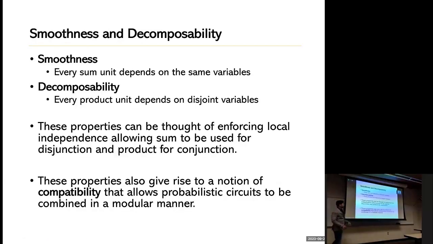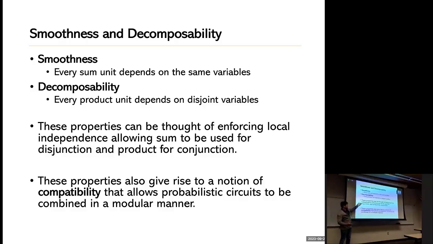So there's two big properties they talk about, smoothness and decomposability. With smoothness, every sum unit depends on the same variables. With decomposability, every product depends on disjoint variables. Now, right away, this should start to look like something we've all seen before, like a Bayesian network maybe.